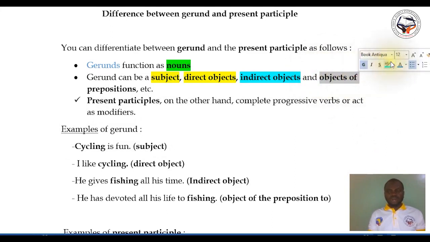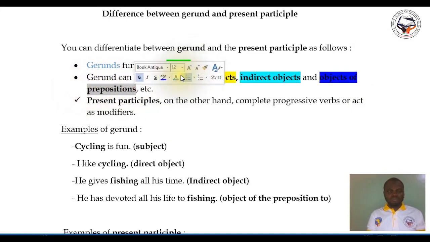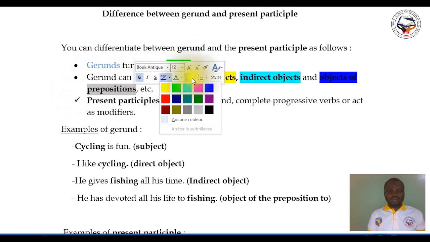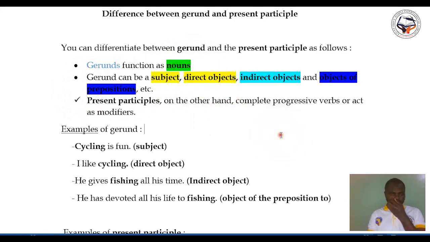An object of preposition. Put the same color. So GERUNDs function as nouns. A GERUND can be a subject, or direct object, or indirect object, and object of preposition, etc.